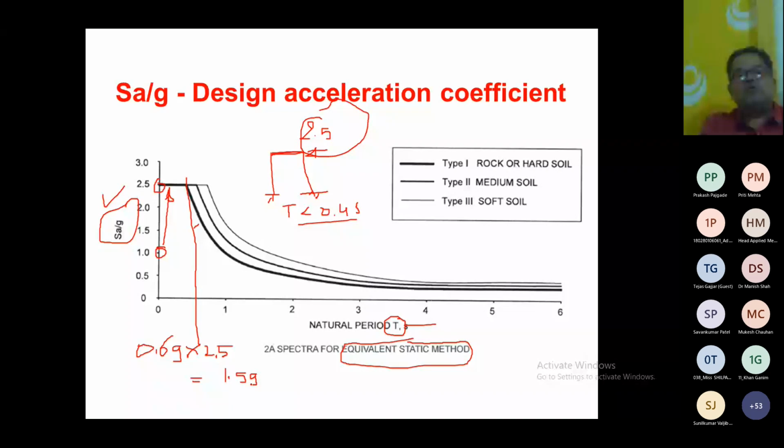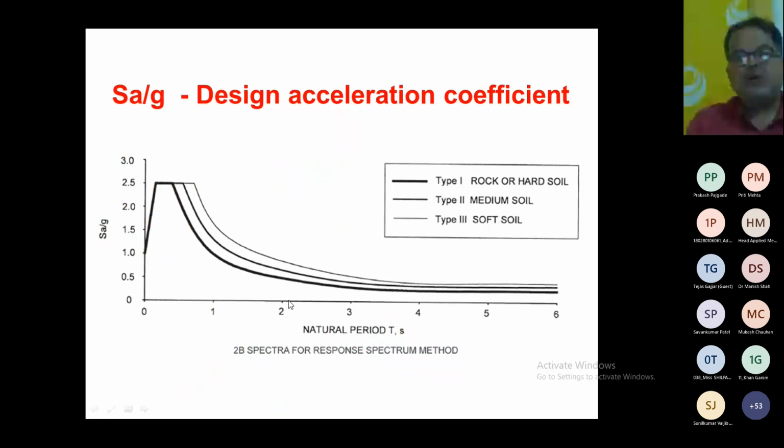Is your structure comfortable with this? No, your structure is not comfortable, I tell you. This is the huge force acting in the lateral direction, right? So if the natural period of the building is less, then it attracts a higher earthquake force, and that is dangerous.